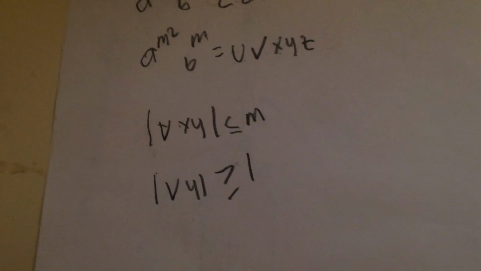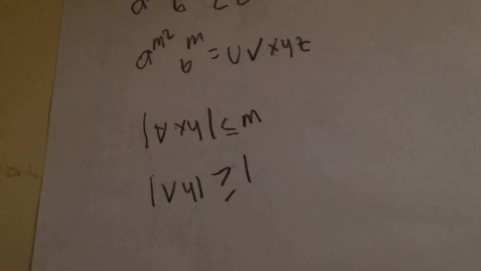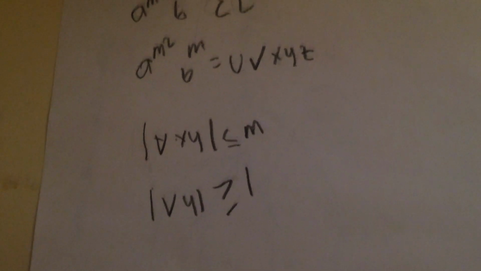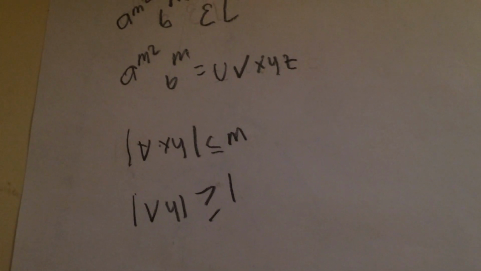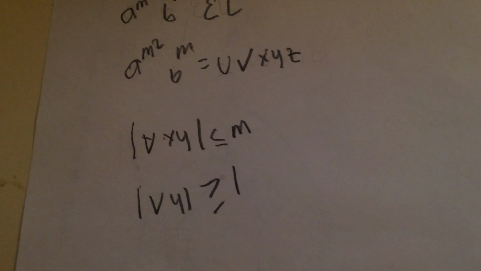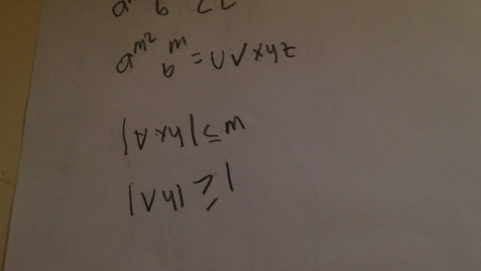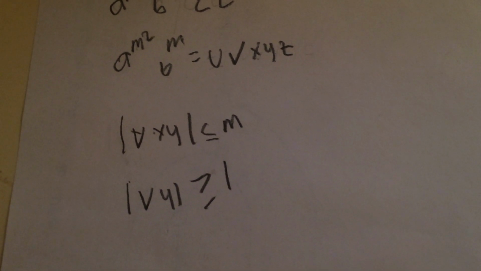First, we see that v cannot span both a^(m²) and b^m simultaneously, since if we pump up v, the resultant string is not in the language because a's are mixed with b's.